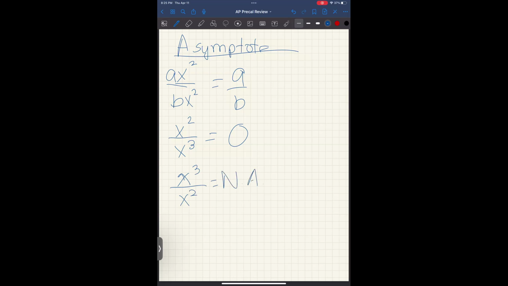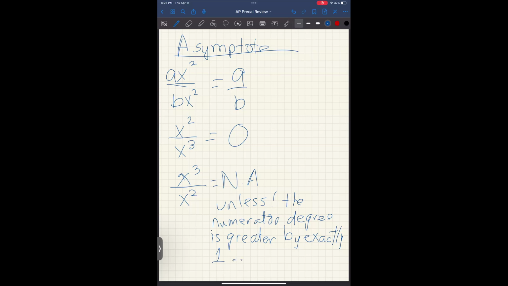There's no horizontal asymptote unless the numerator degree is greater by exactly 1.